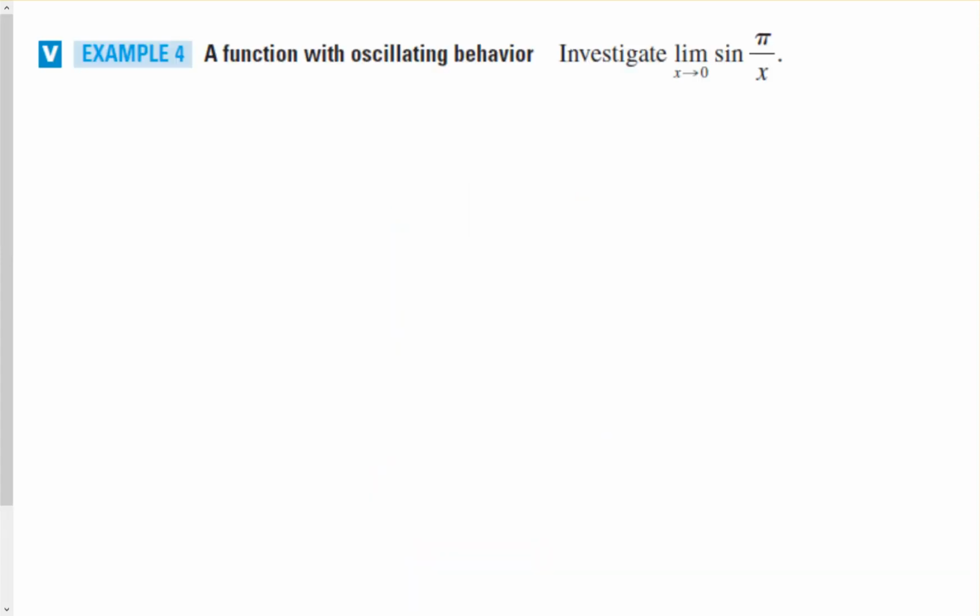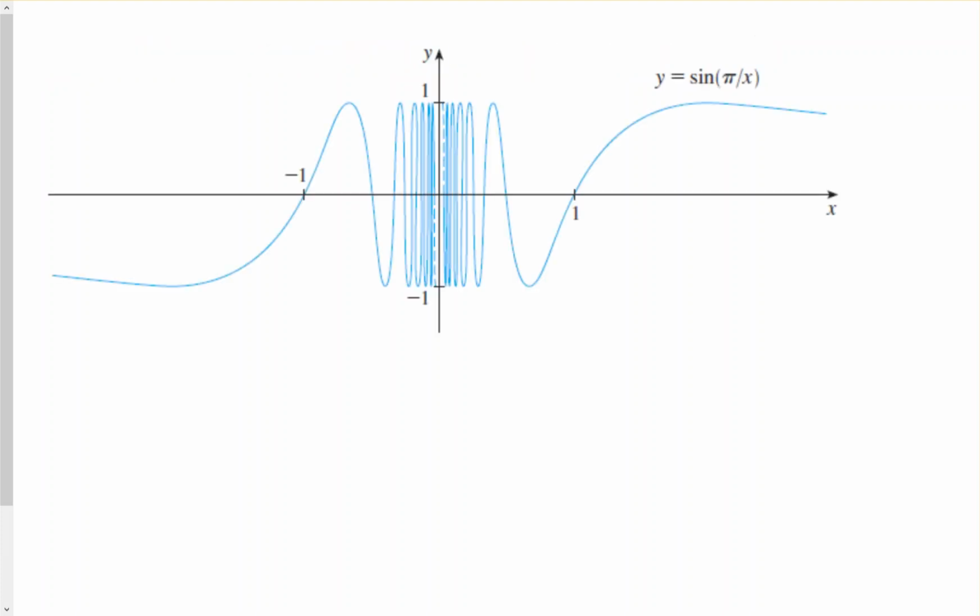Alright, let's take a look at this one, and investigate the limit as x approaches 0 of sine of pi over x. Okay, so the sine of pi over x, let's take a look. We could graph that. This is what the graph of it would look like.